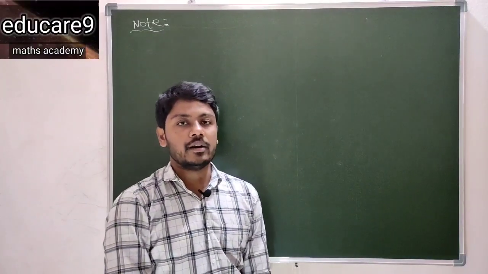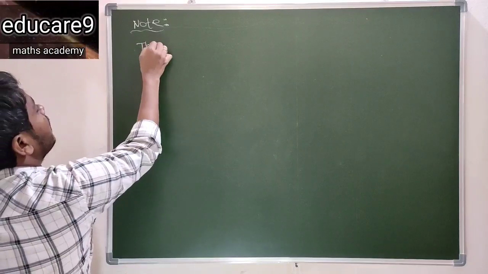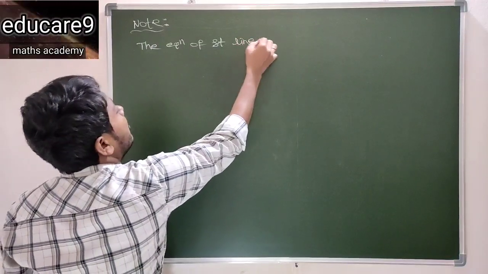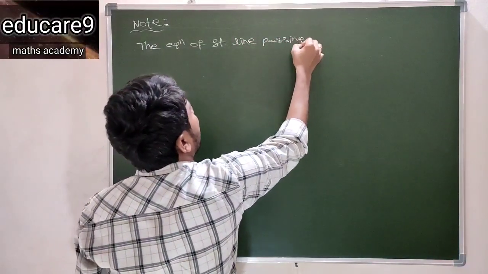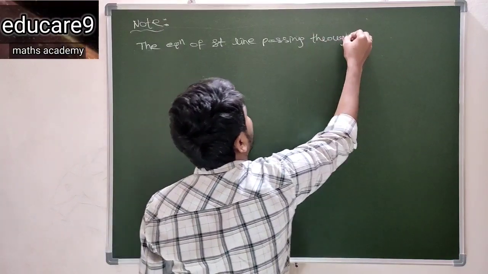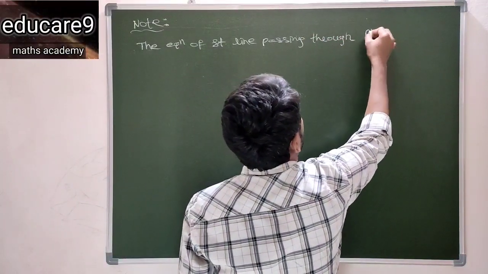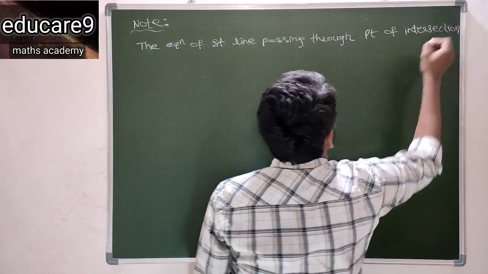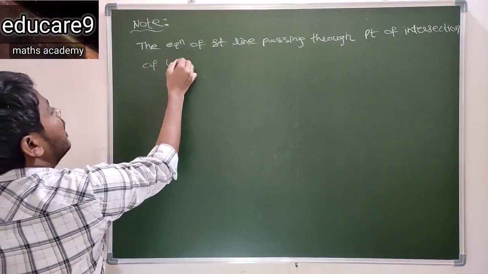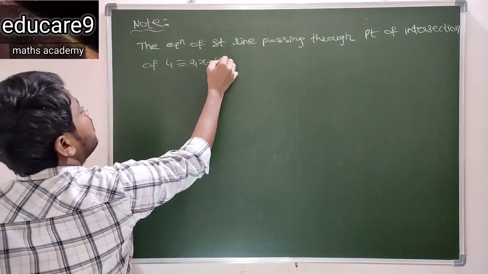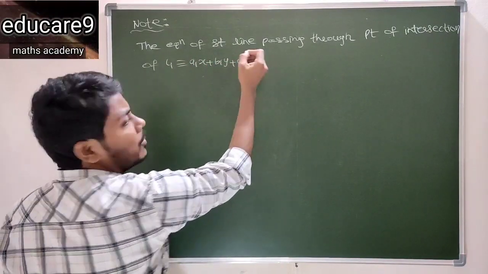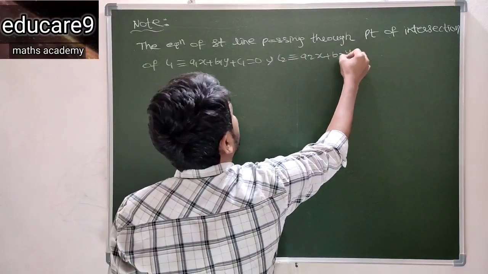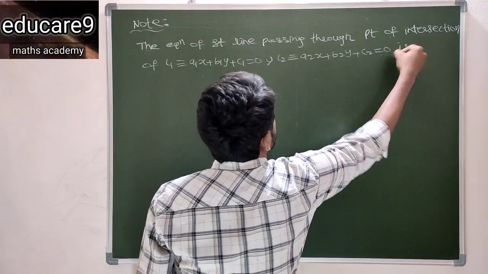The next one, note. See here, the equation of a straight line passing through the point of intersection of L1, that is a1x + b1y + c1 = 0, and the L2 line, that is a2x + b2y + c2 = 0, is what?